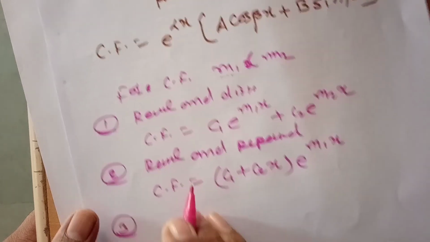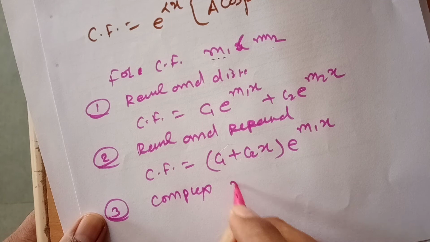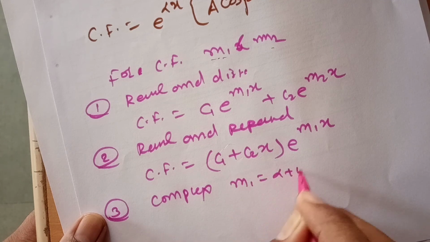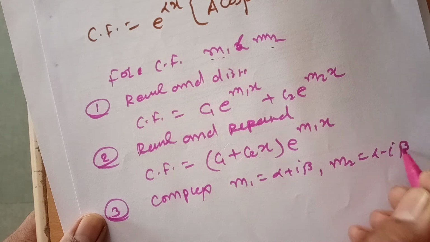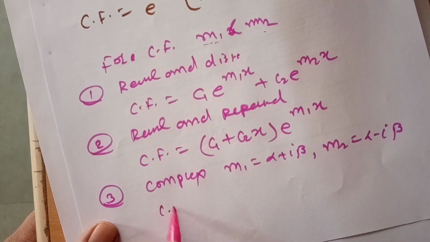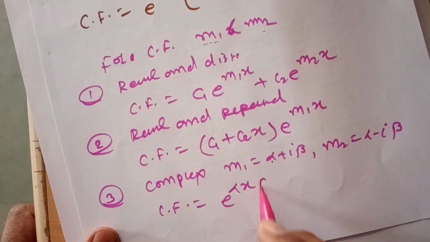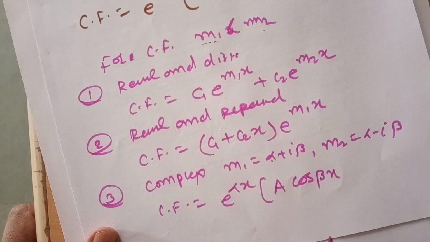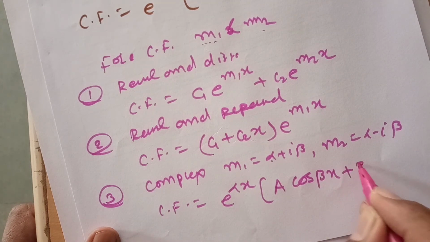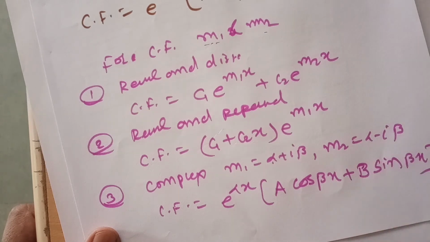And third case, if roots are complex, meaning m1 equal to alpha plus i beta and m2 equal to alpha minus i beta, then our CF is e raised to power real part alpha into bracket a into cos of imaginary part into x plus b into sine of imaginary part into x.